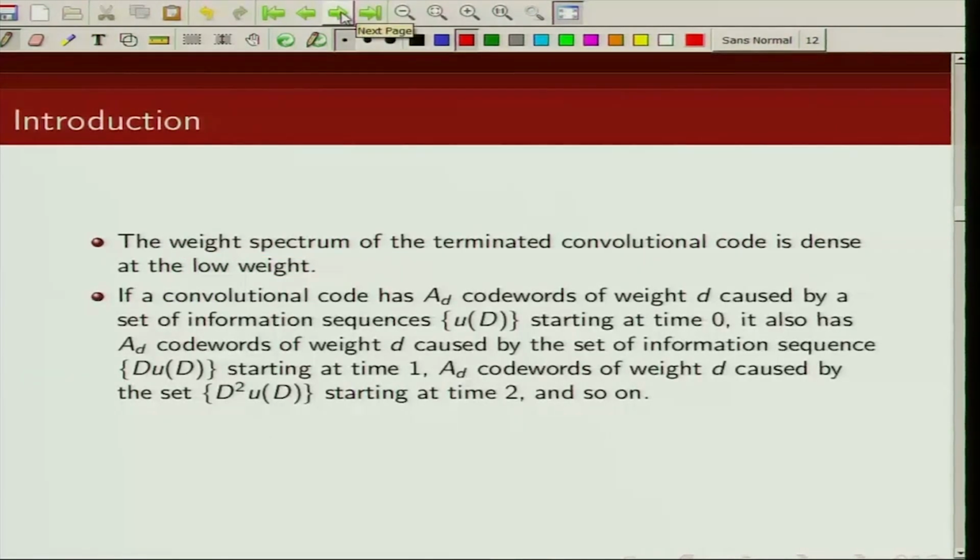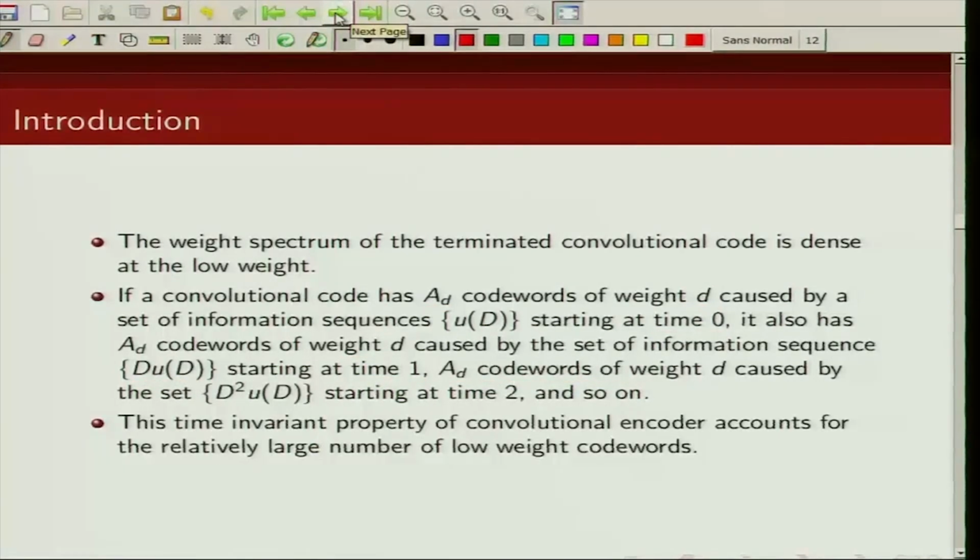Now if we have a convolutional code which has A_d code words of weight d caused by a set of information sequences starting at time 0, then it also has these A_d code words of weight d caused by a set of information sequences of the form D u(D) at time 1, or A_d code words of weight d caused by information sequences of the form D squared u(D) starting at time 2, and so on.